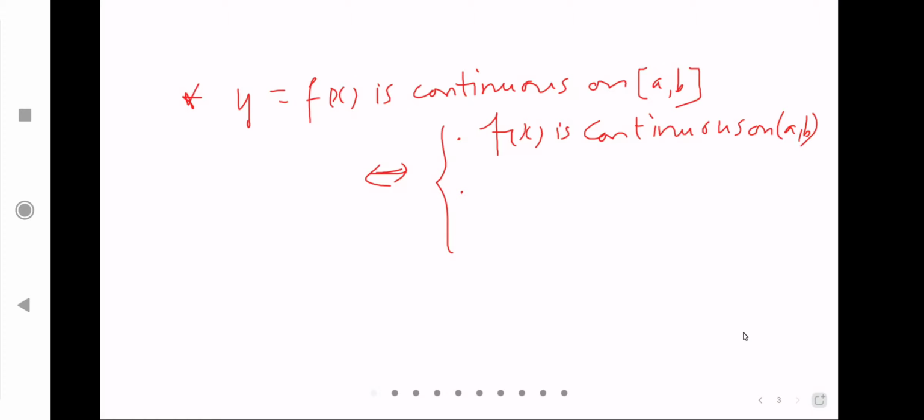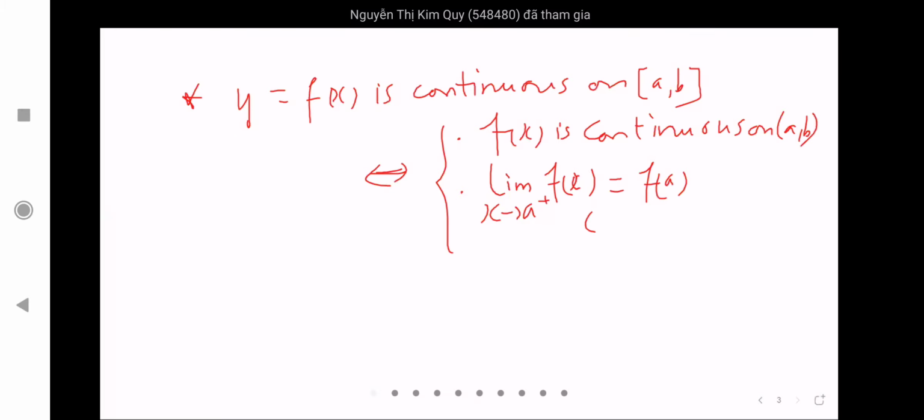And the second condition: the limit of f(x) when x tends to a plus equals f(a). This condition is satisfied, right?